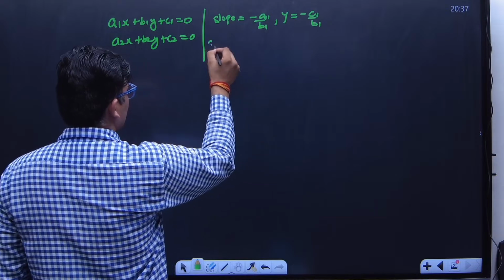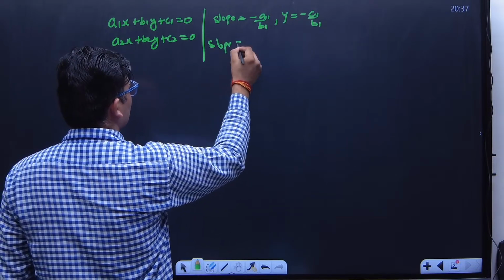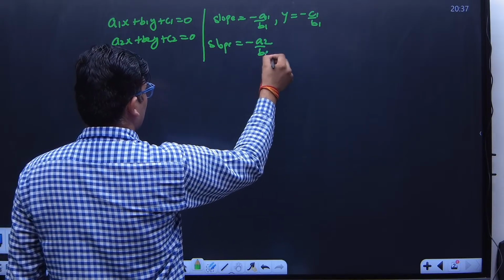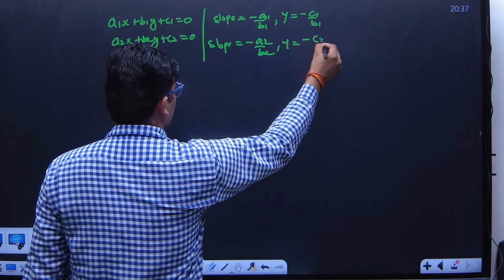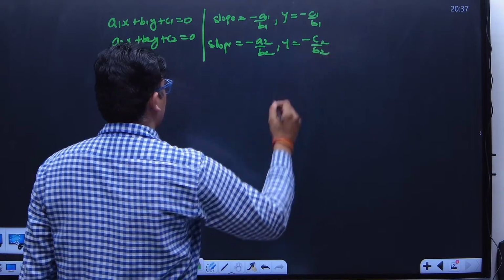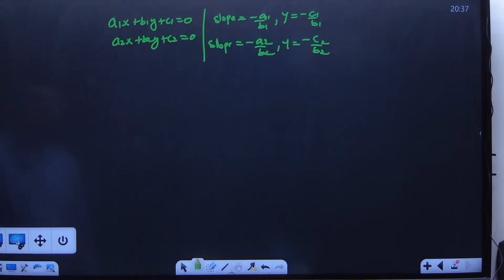For the second line, the slope is going to be minus a2 upon b2, and the y-intercept is going to be minus c2 upon b2.